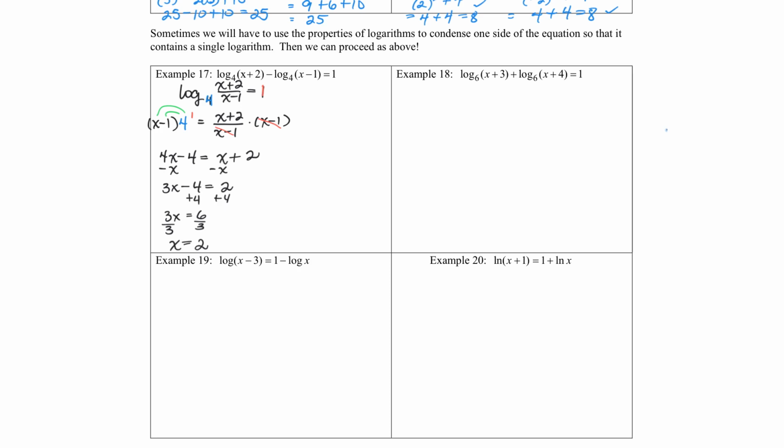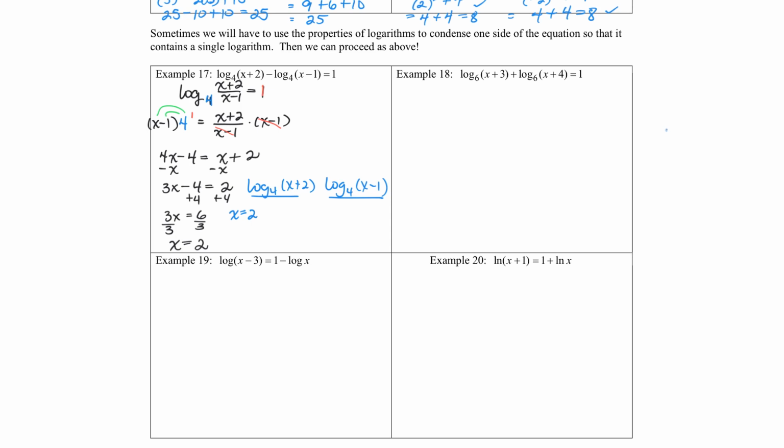So I'm going to come over here and check that first logarithm, log to the base 4 of x plus 2. And then I'm going to check that second logarithm, log to the base 4 of x minus 1. And what I'm checking to see for both of those logarithms is whether or not x equals 2 is in the domain of those logarithms, right?